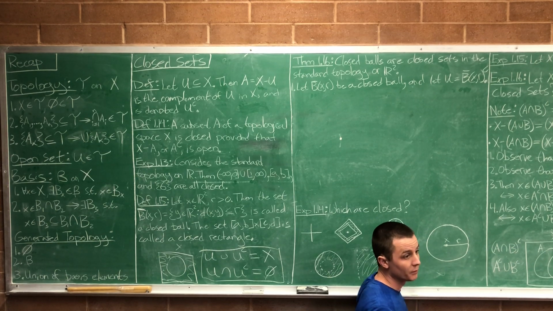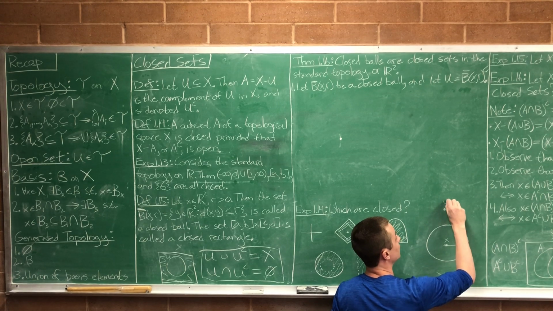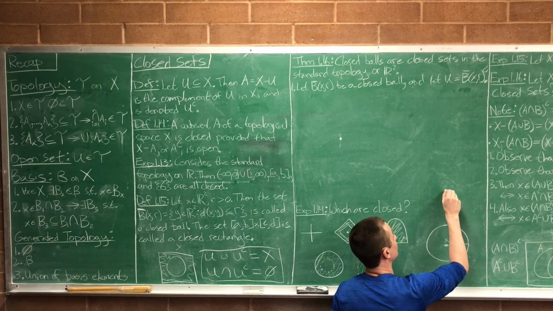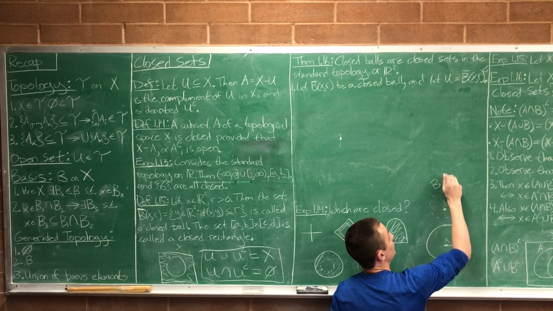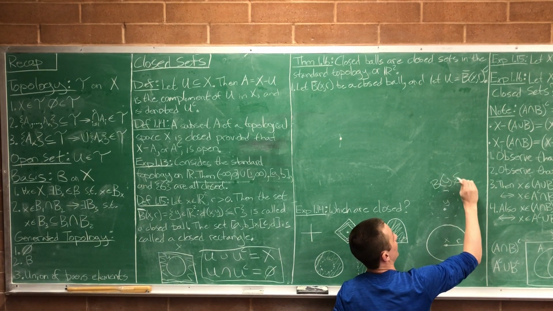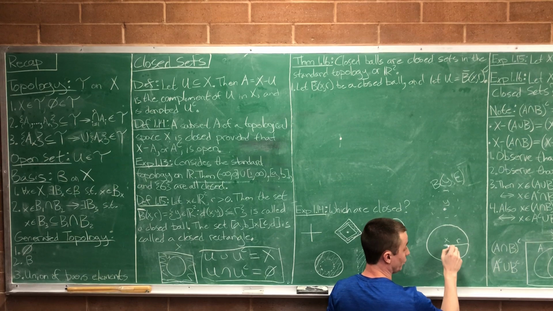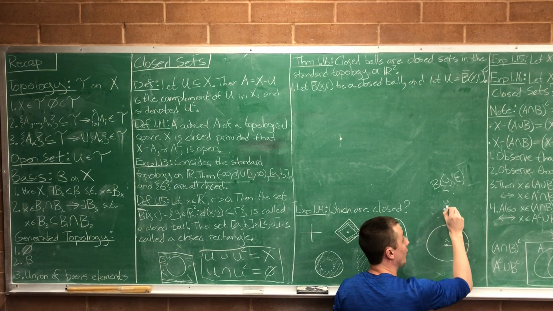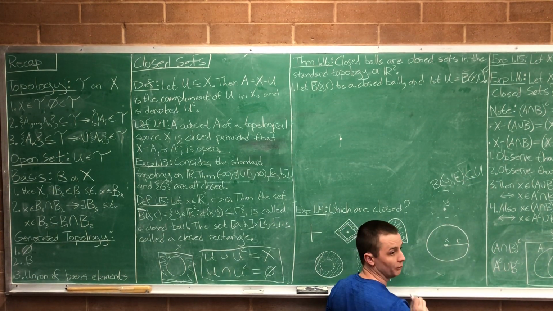So I'm going to take some arbitrary point out here, y, and I'm going to show that for any y out here you pick, I can construct an open ball around y, which we'll call B(y, epsilon), such that this open ball is a subset of U, being the complement of this thing.